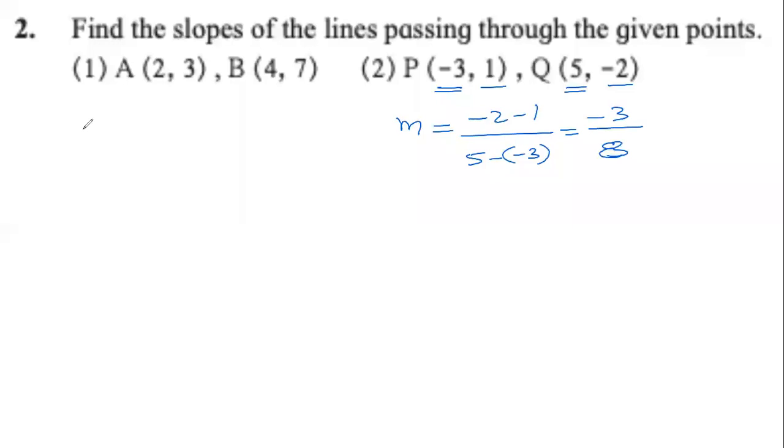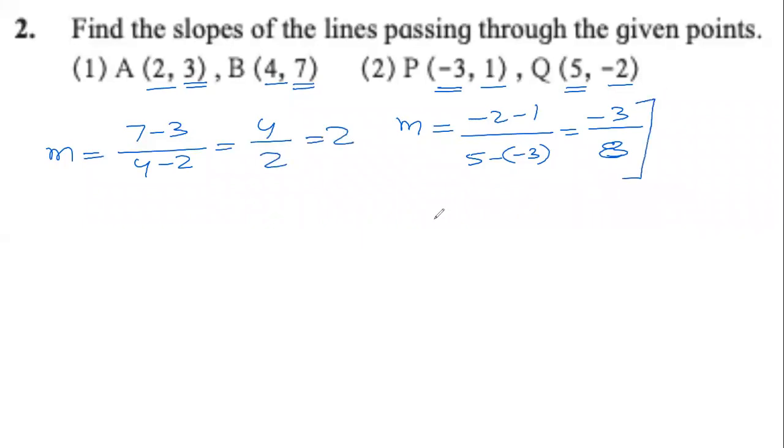For the boys, the slope m is again y2 minus y1, 7 minus 3, by x2 minus x1, 4 minus 2. 7 minus 3 is 4, 4 minus 2 is 2, 4 divided by 2 is 2. So girls should have given the answer minus 3 by 8 and boys should have given the answer 2.